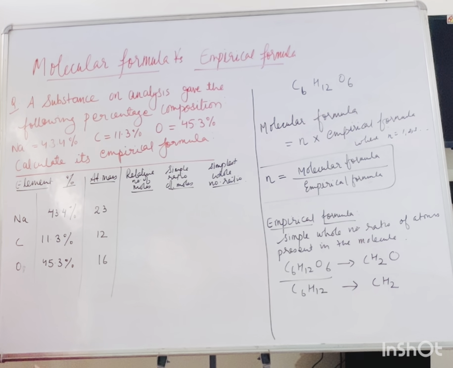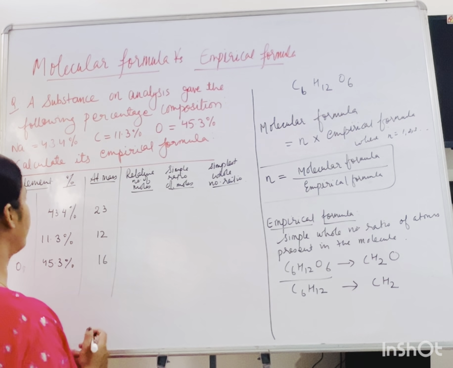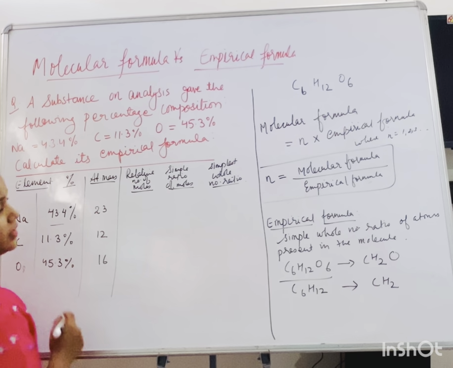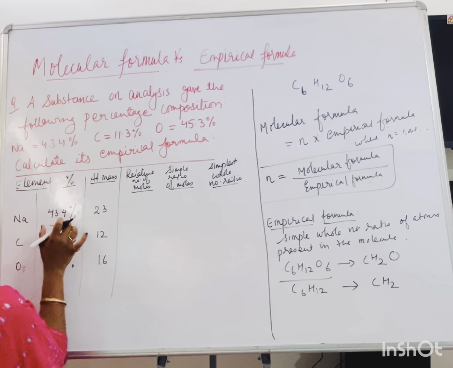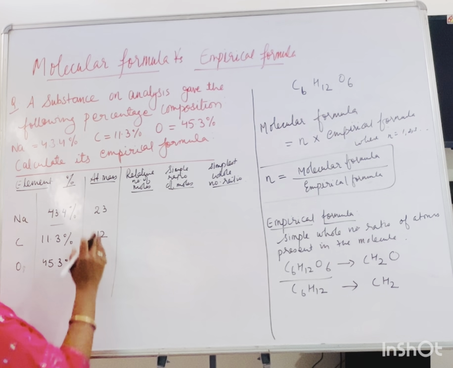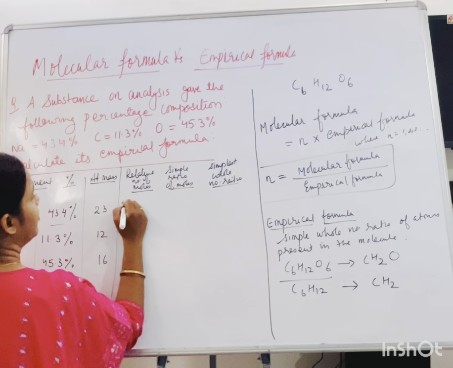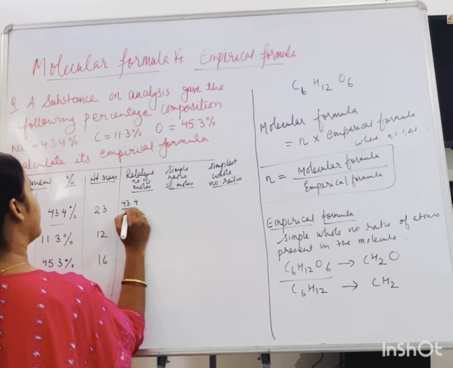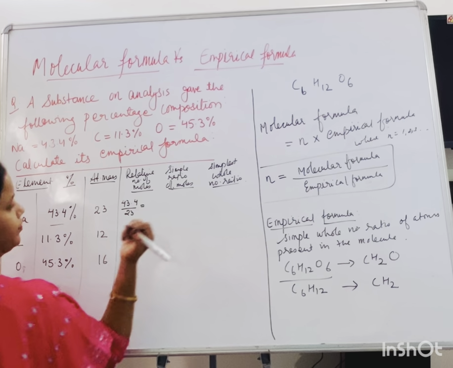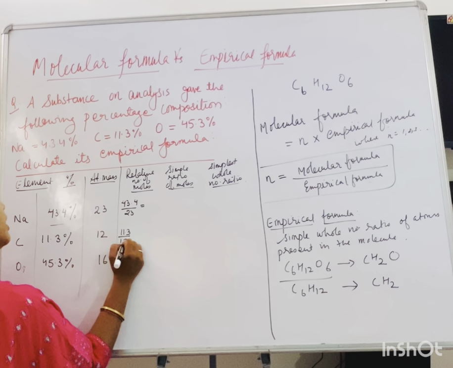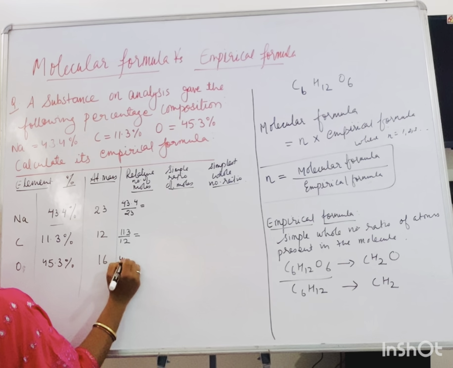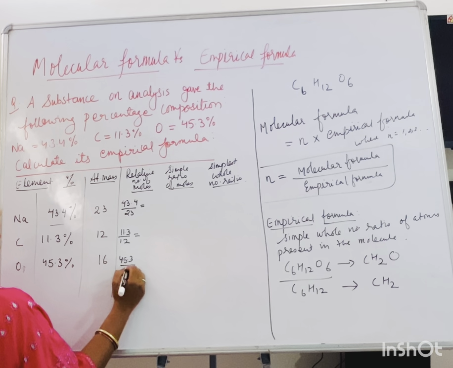Now in order to find the relative number of moles, the first step is to divide the percentage by the atomic mass. So it will be 43.4 divided by 23, then 11.3 divided by 12, and 45.3 divided by 16.